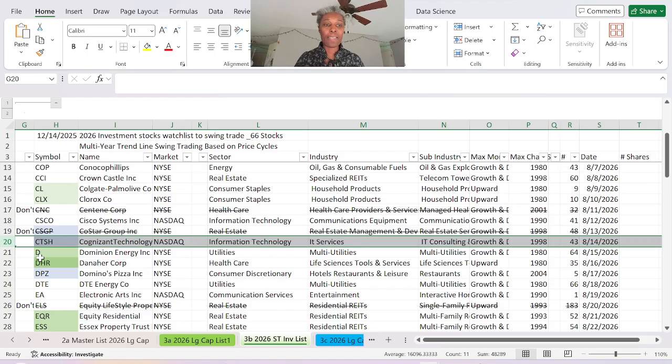Let's analyze CTSH as of August 14, 2026.